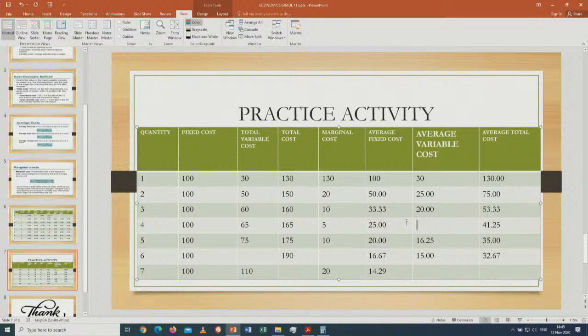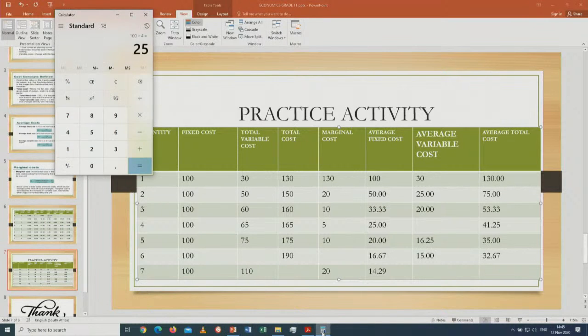Then we are looking for the average variable cost. What is our variable cost? It's 65. And then we say 65 divided by the number of units, 4.